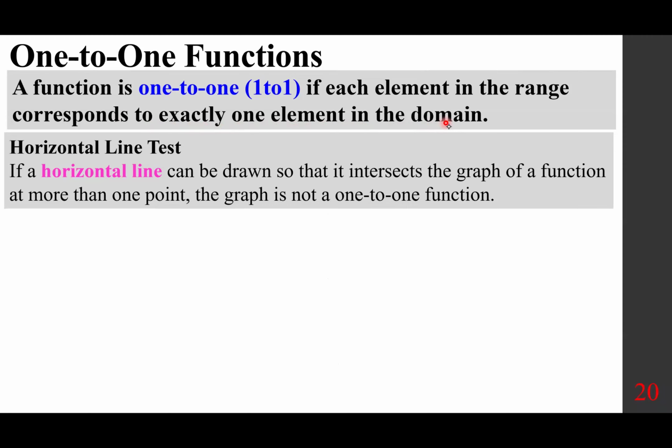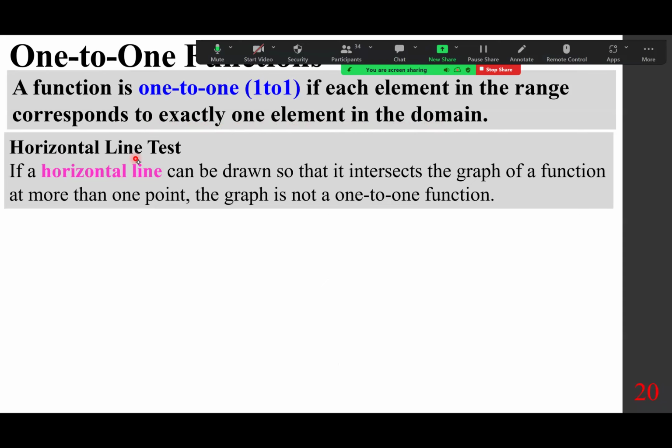We had the vertical line test for a function. Now we add the horizontal line test, HLT, for a one-to-one function. If a horizontal line can be drawn so that it intersects the graph of a function at more than one point, the graph is not a one-to-one function. Here's a function.